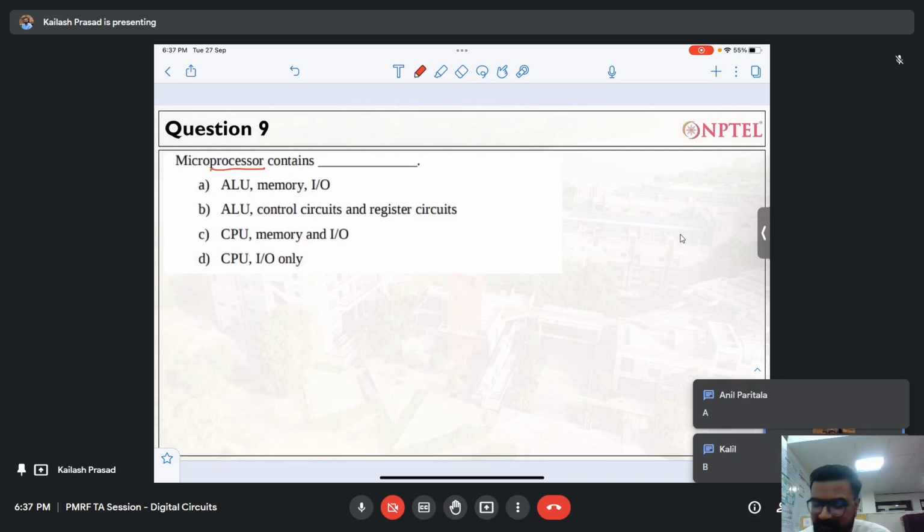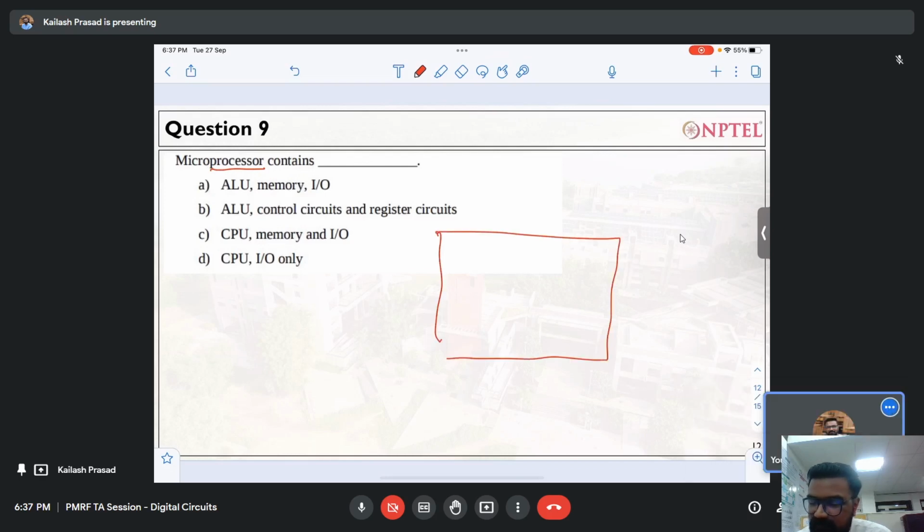Lot of disparity. Okay, so see, if I have a system, in that system I will have a microprocessor. This system will have my input and output, I/O. This system will have my memory. This is my memory. This is my microprocessor.